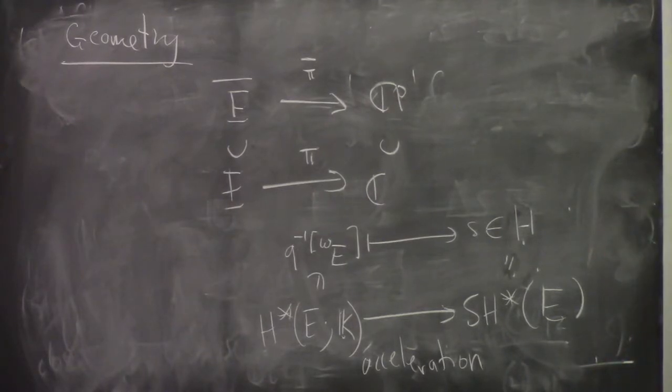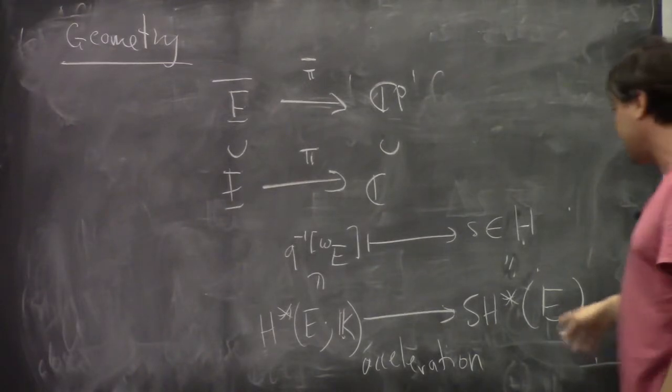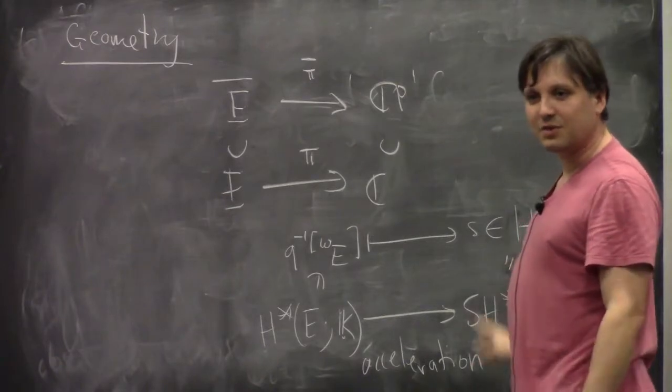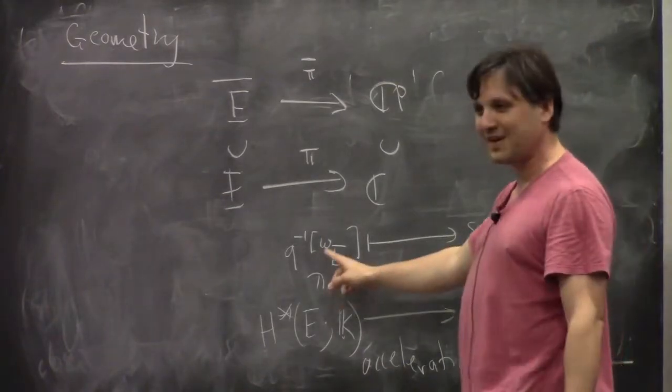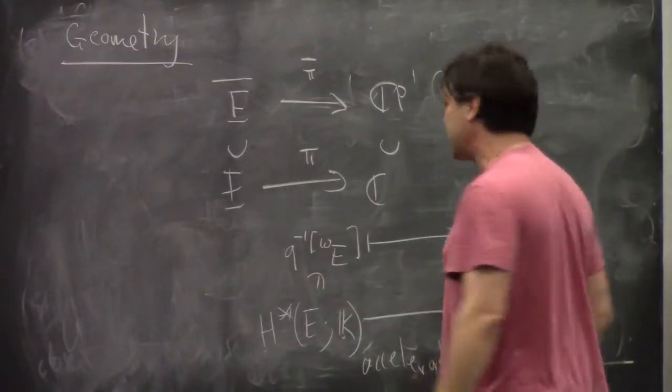Okay, and so now you notice that my whole theory that I built was based on the assumption that this class here was 0. Which seems a rather bold assumption, because certainly the cohomology class of the symplectic form is never 0.